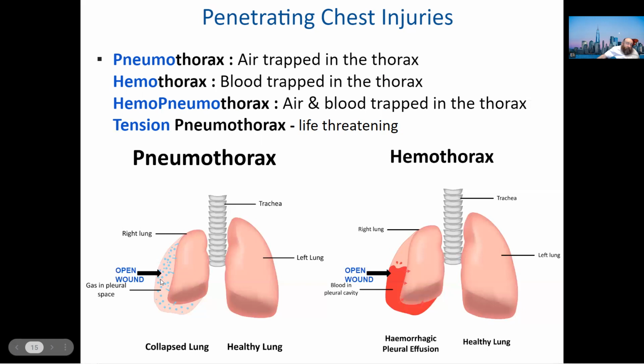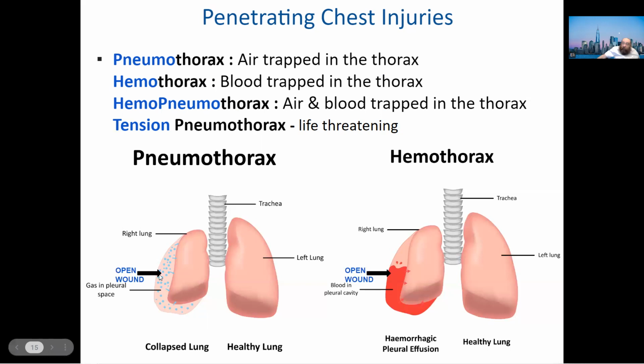So air is rushing in from here because we know that gases move from an area of high concentration to low. So there's no air supposed to be in here. There's loads of air out here. And usually it comes in through the trachea and the bronchi, and it goes through the proper channels. Here, it's just rushing in.